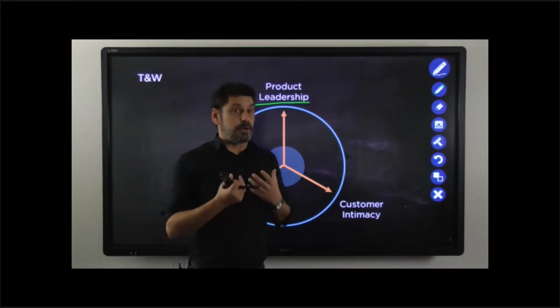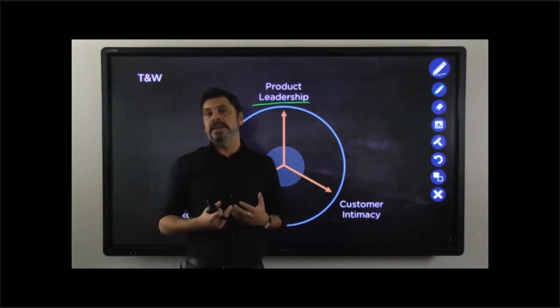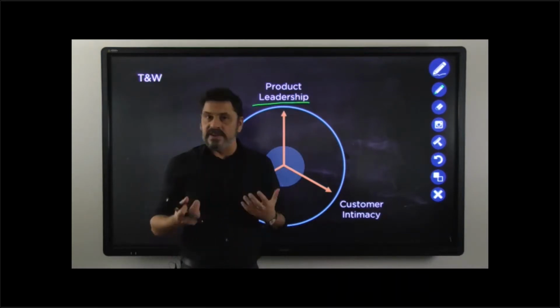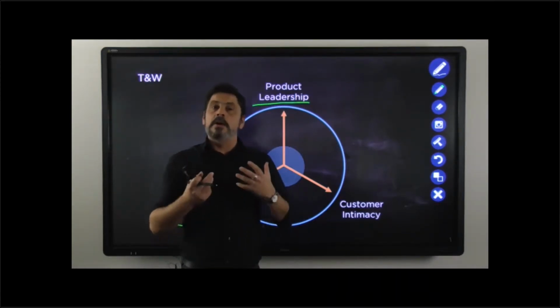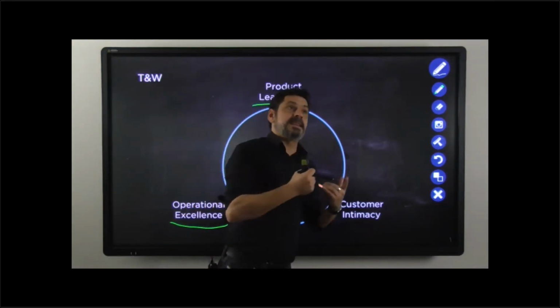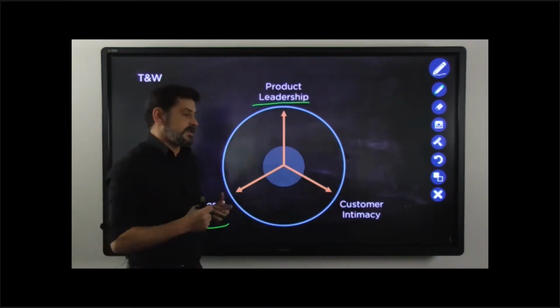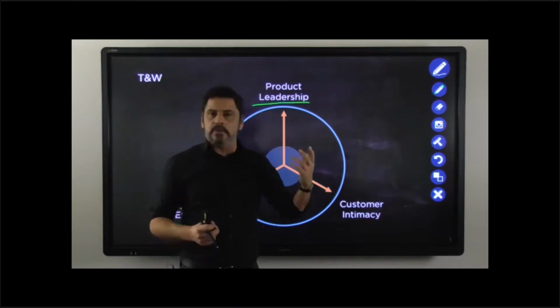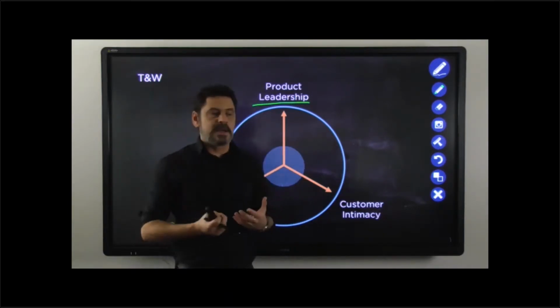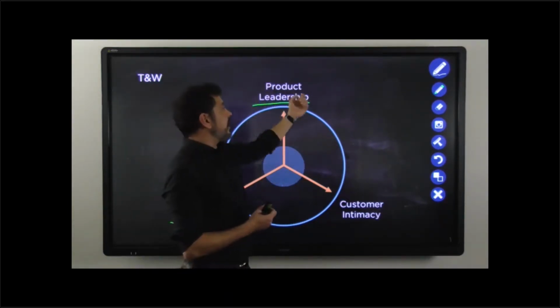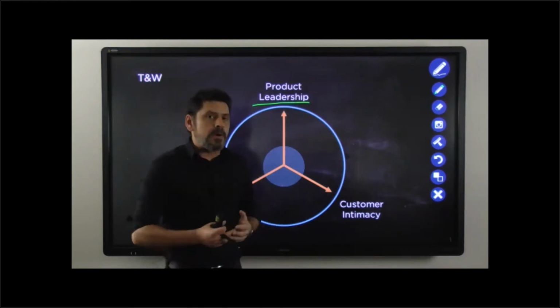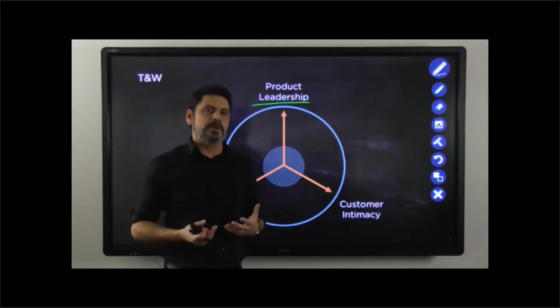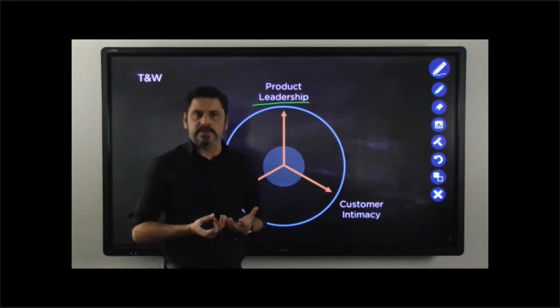Now, to be able to do that, you need to put a lot of money in R&D and innovation and technology and all that. But that means that on the other side of the equation, it doesn't matter that much if maybe you spend a bit more on, let's say, your inventory or heavy assets, because they will be rewarded by being able to sell your products at a premium price to your customers.